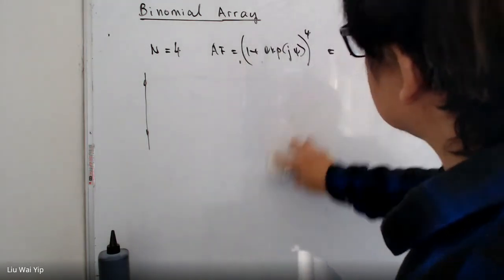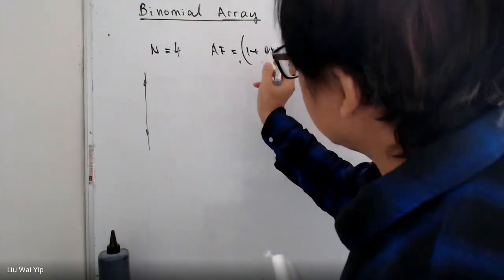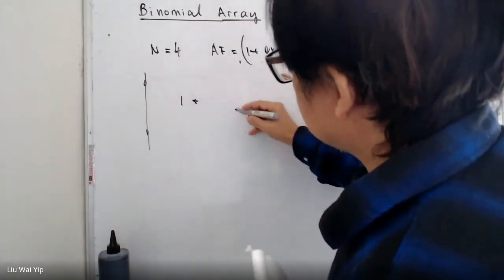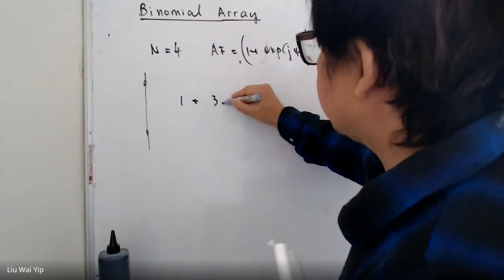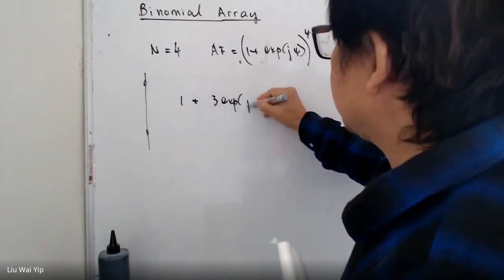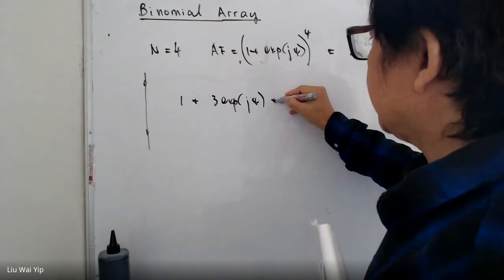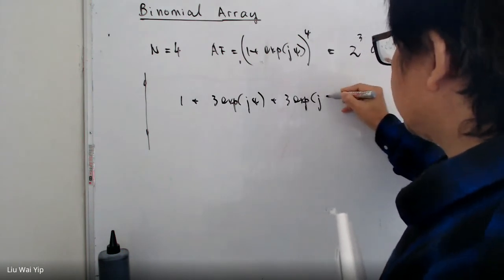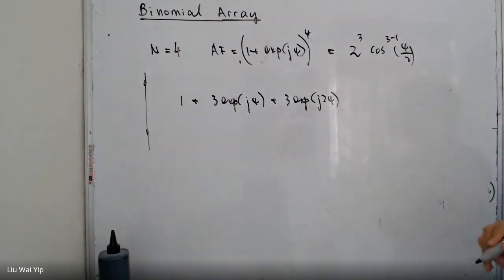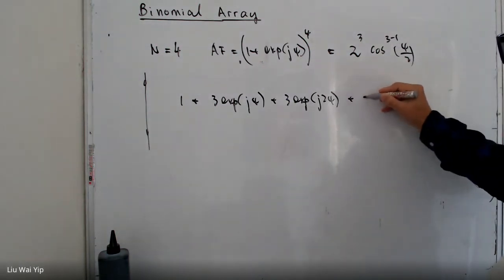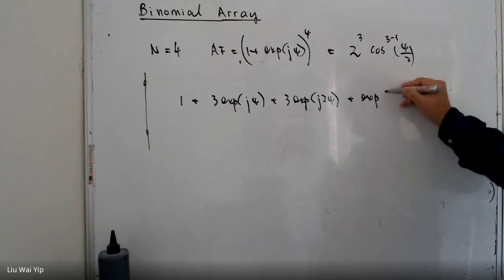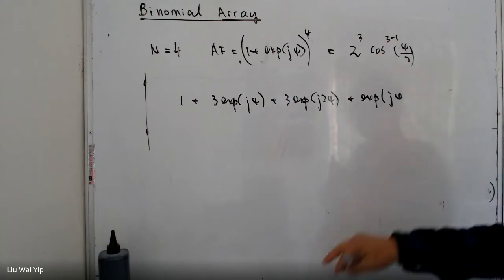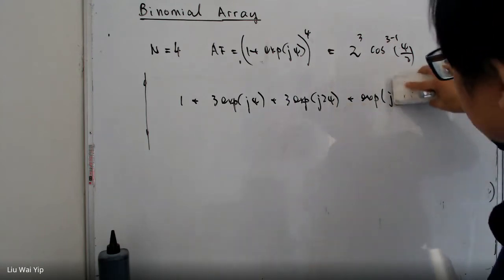So what we are going to get is the left side of the equation is going to be 1 plus 3 e to the j psi, and then 3 e to the j 2 psi, and finally we will have an answer, and then e to the j 3 psi.